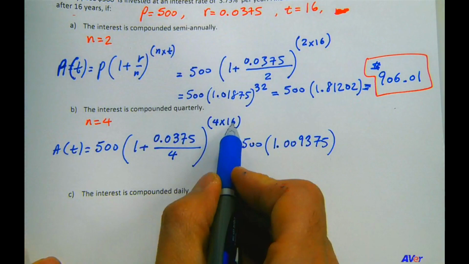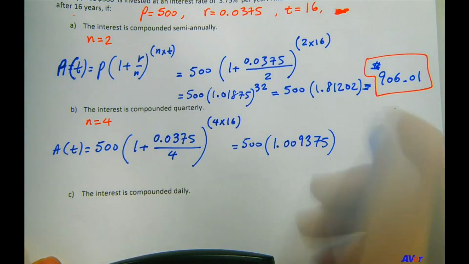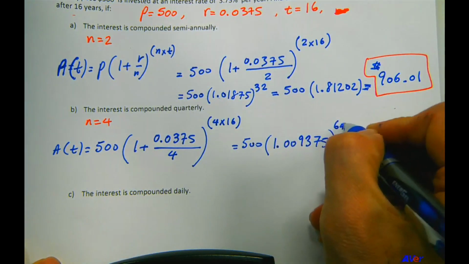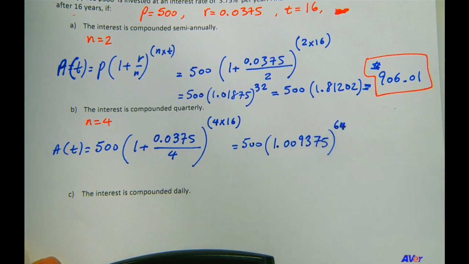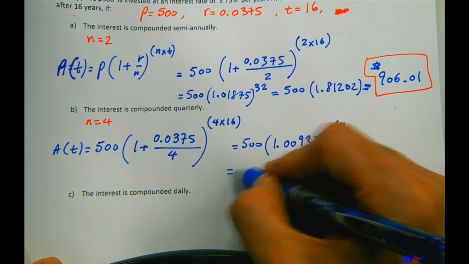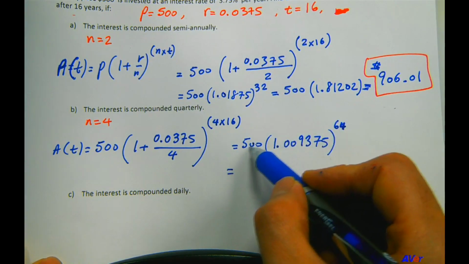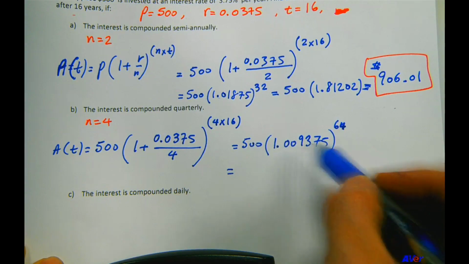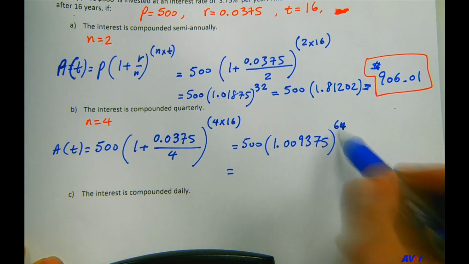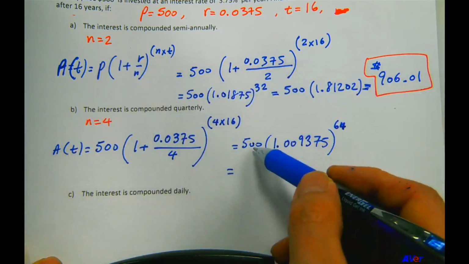Okay? To what power? 4 times 16, it is 64. Right? 64. Okay. Now we're observing the order of operations. So the next thing for us is not multiplying 500 by this, but raising this to that power and then multiplying back by 500.